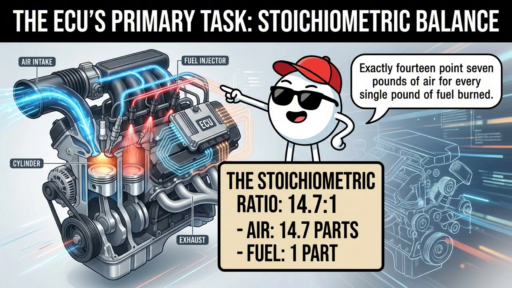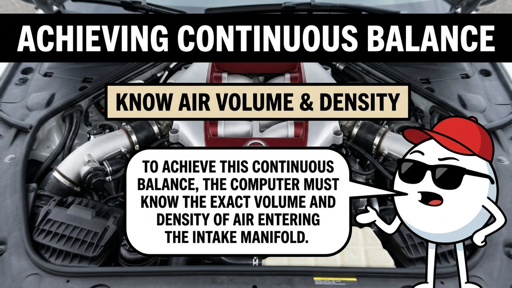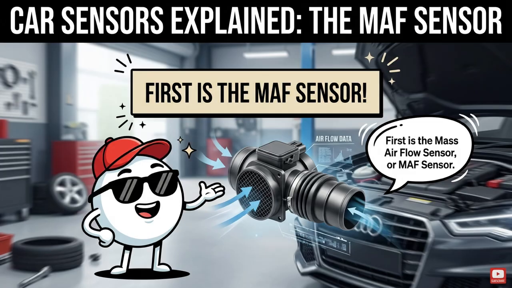The ECU's primary task is maintaining a precise stoichiometric air-fuel ratio, exactly 14.7 pounds of air for every single pound of fuel burned. To achieve this continuous balance, the computer must know the exact volume and density of air entering the intake manifold. First is the mass airflow sensor, or MAF sensor.